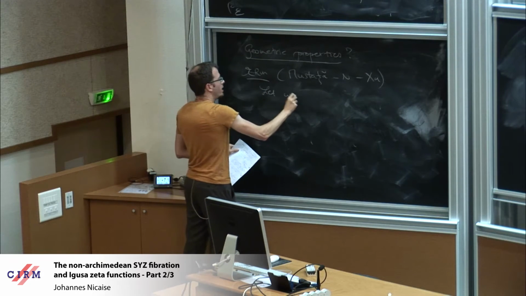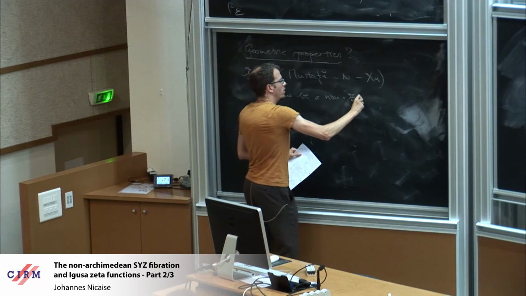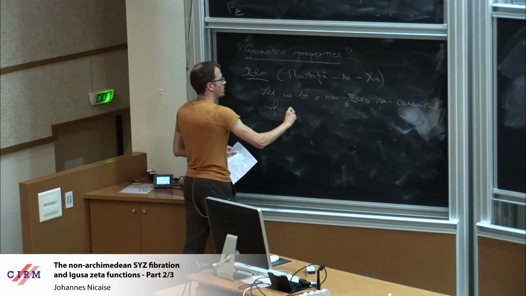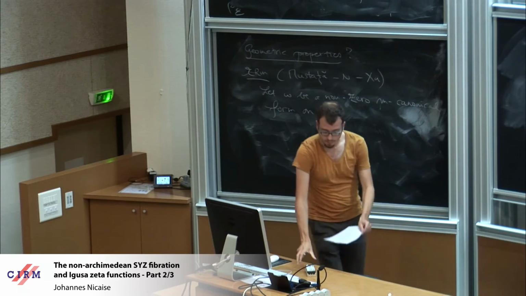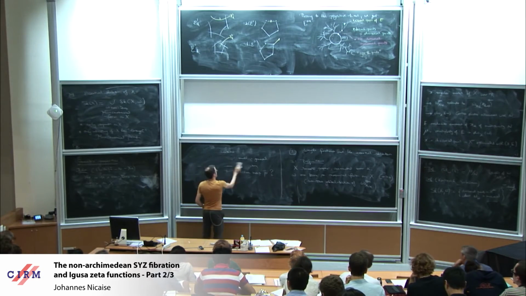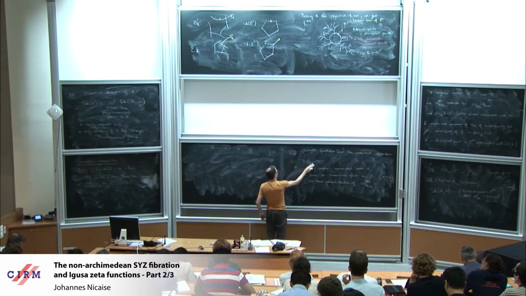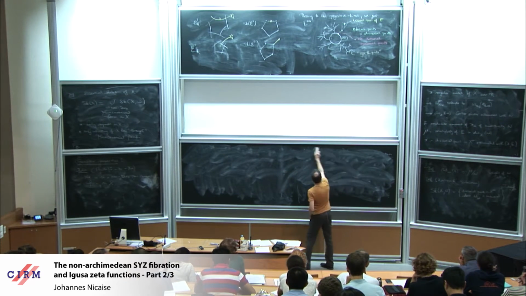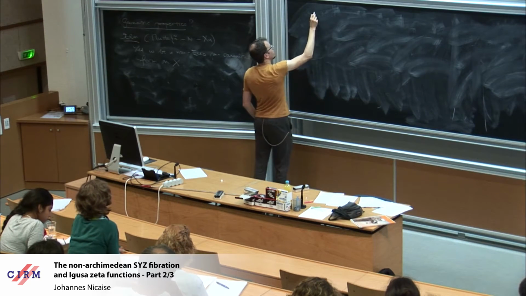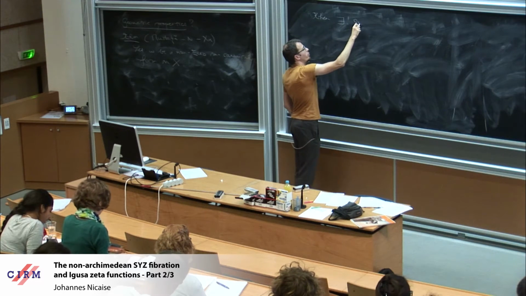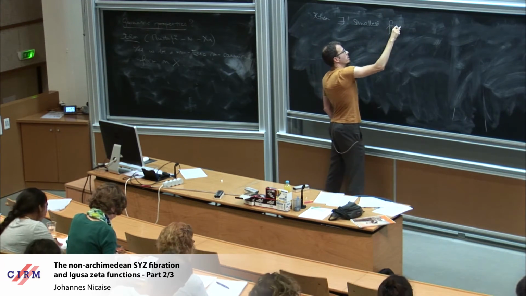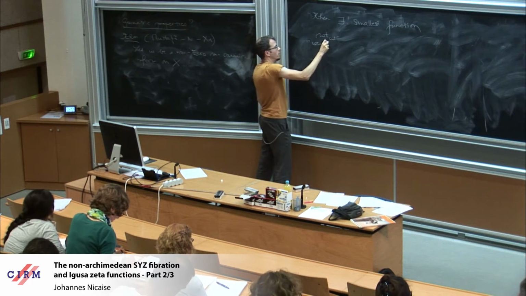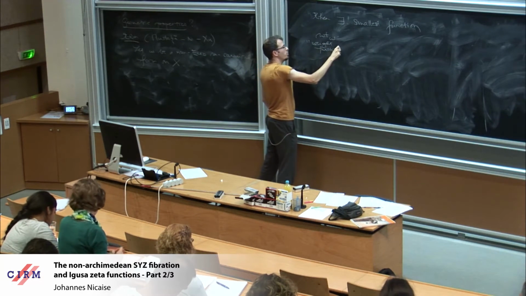So let omega be a non-zero canonical form on X. Then there exists a unique smallest function, which we call the weight function, and which depends on both X and omega.